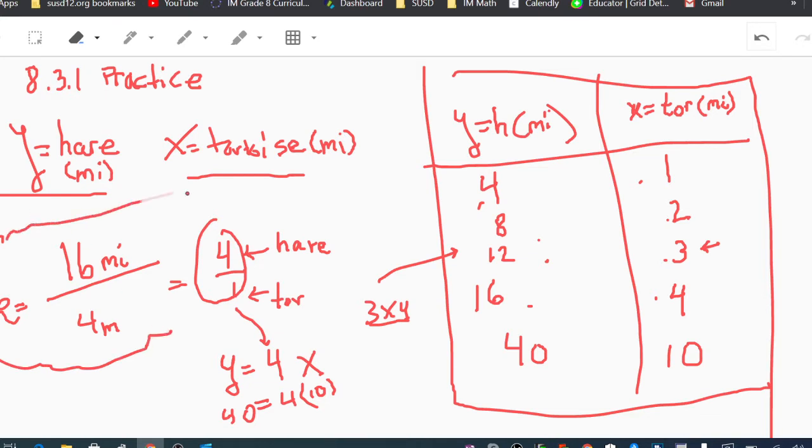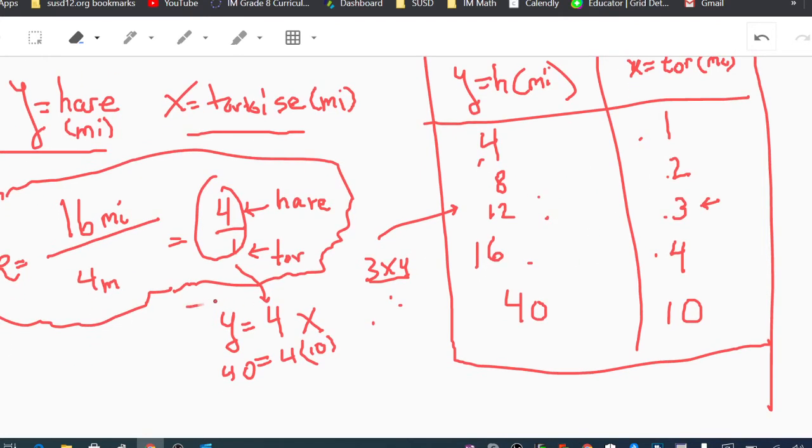Now that information was given by 16 miles for the hare for every 4 miles of the tortoise, and we simplified that. Go ahead and show me that in your notes. And then show me in your notes whatever math you did to get your data points, and clearly show me how you got the equation for your proportional relationship.